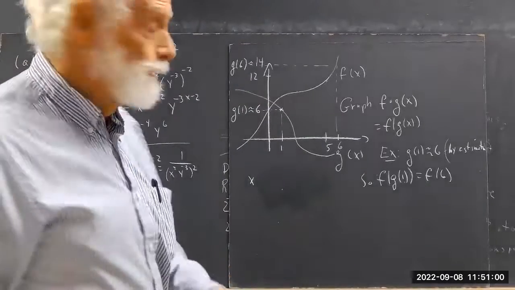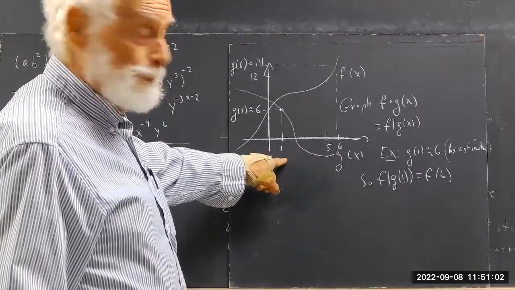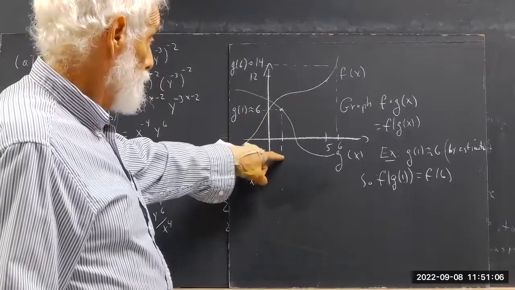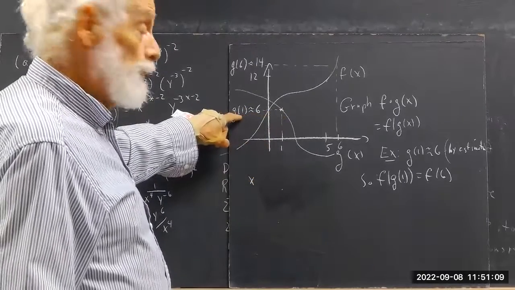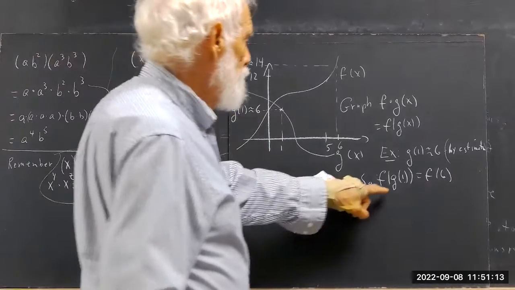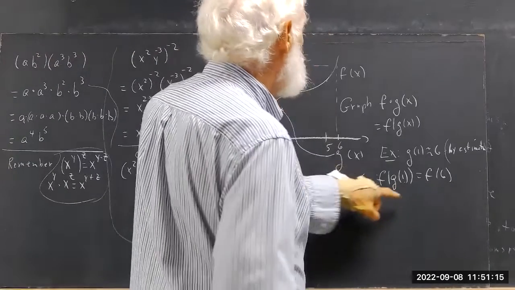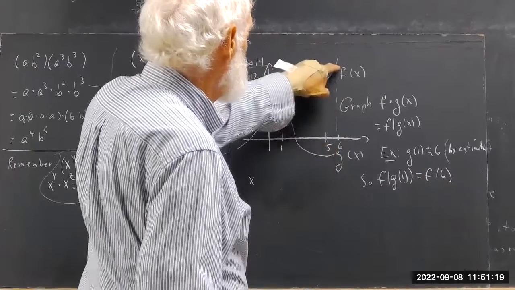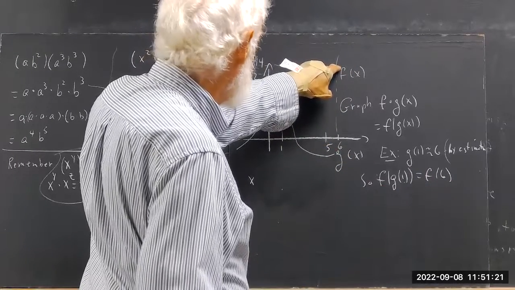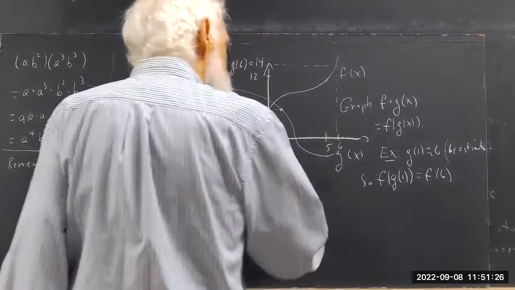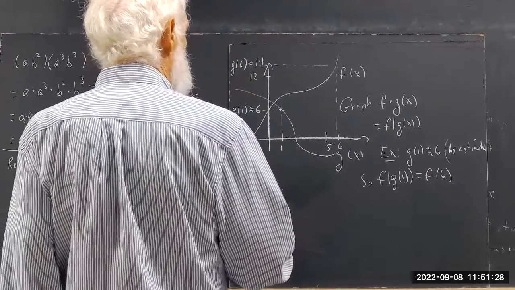So my process is: pick an x value, estimate g of x. In this case, x is 1, so we estimate g of 1 equals 6. And then do f of g of 1, which means you go to g of 1, which is 6, and take it up to the f of x function and estimate the value. So complete an estimate.